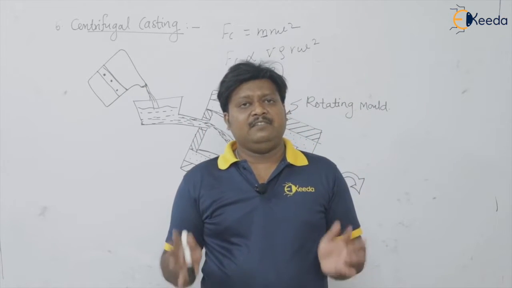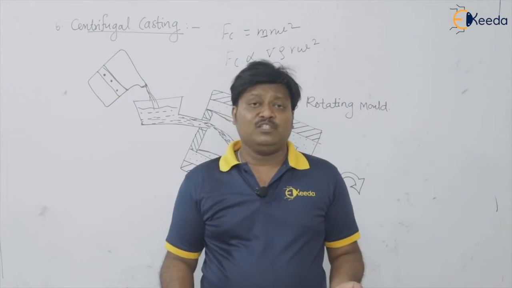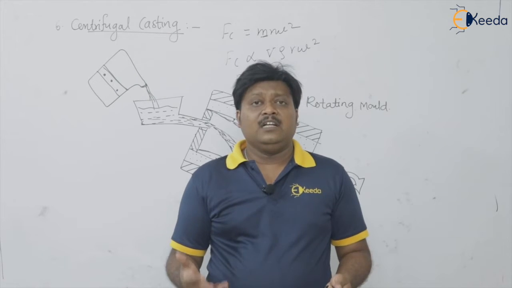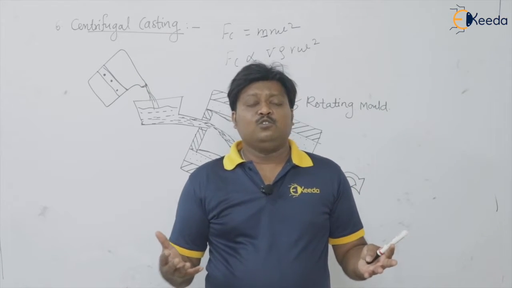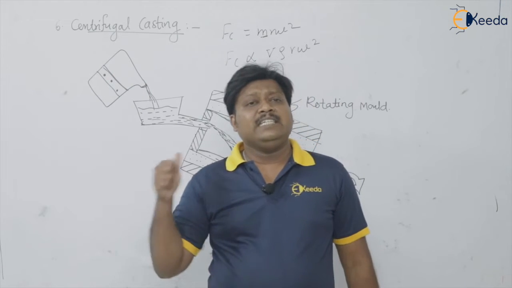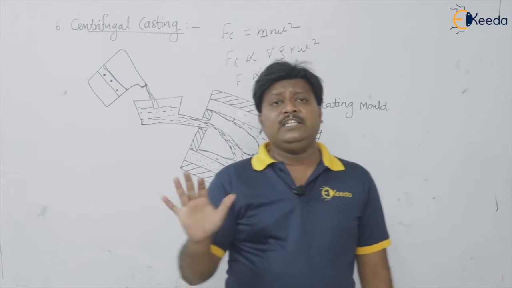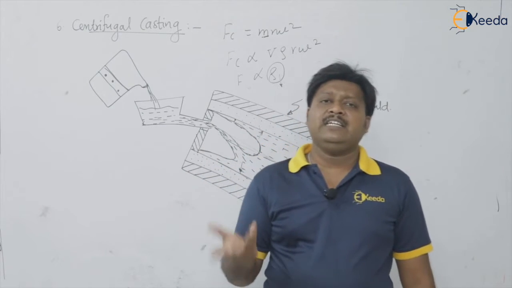There is no need to produce the hollow portion in the casting. Generally, to produce a hollow casting we require a core, but in centrifugal casting no core is used.